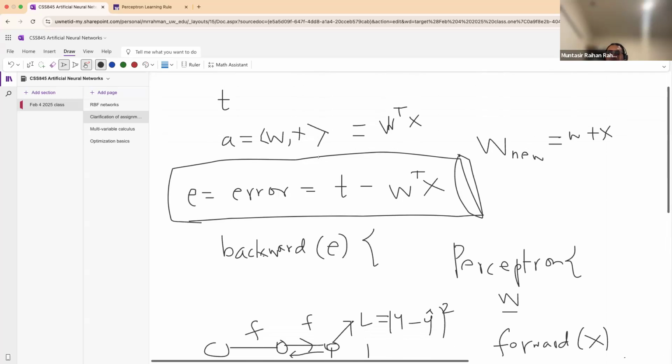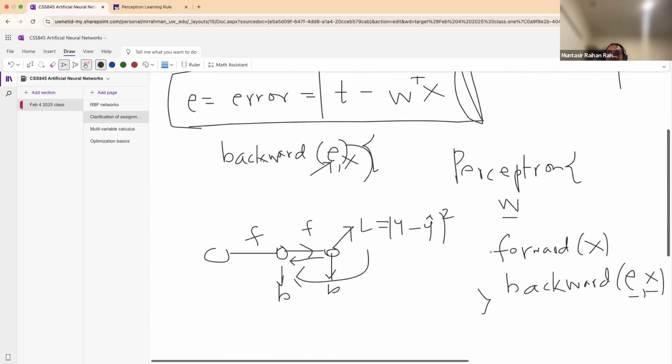But to make it compatible with how I taught the perceptron, you can have X as a parameter of your backward. Or if you want, you can replace E with the parameters that you want. Maybe you don't even need E, because W is a state of your perceptron, and X you're passing in to backward. With that, you can have the learning rule properly. All right, thank you.